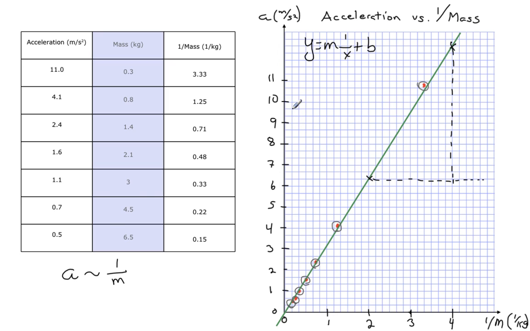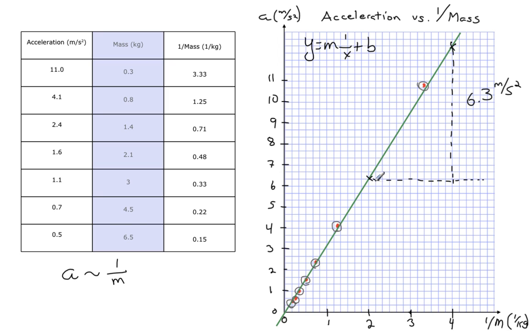On the rise, every 3 is 1 acceleration. So it looks about 6.3 meters per second squared on the rise. On the run, it's 1, 2, 3, 4, 5, 6 over.